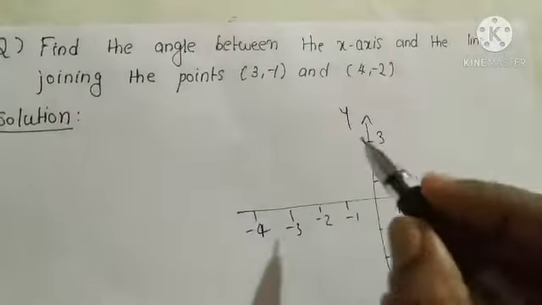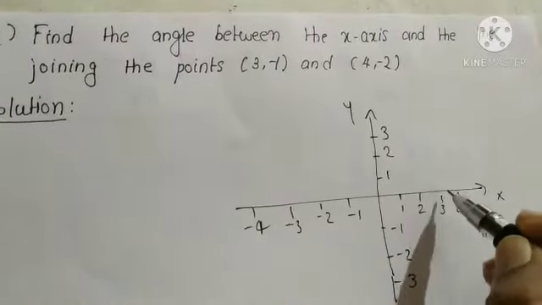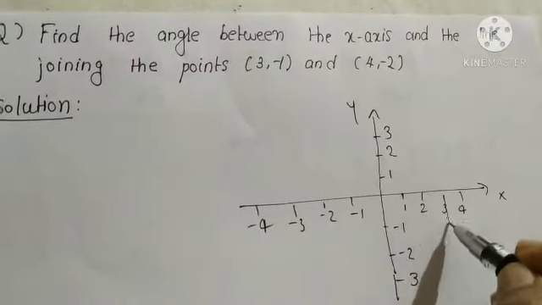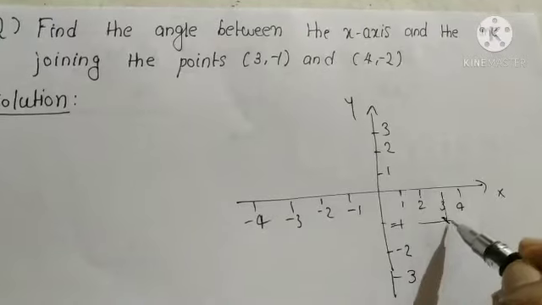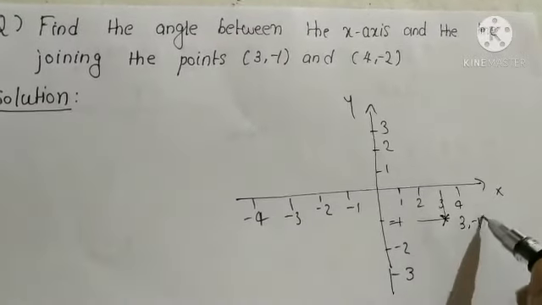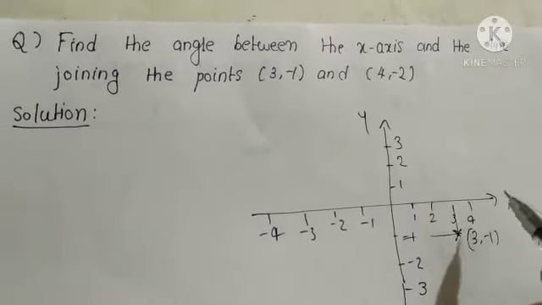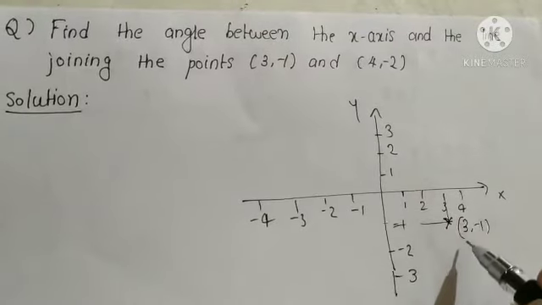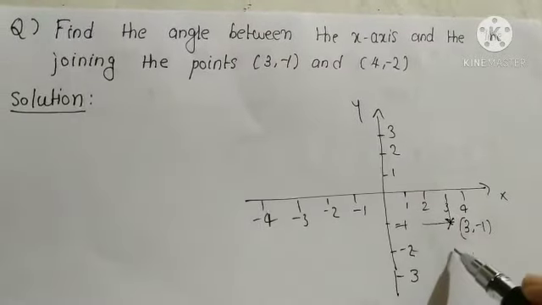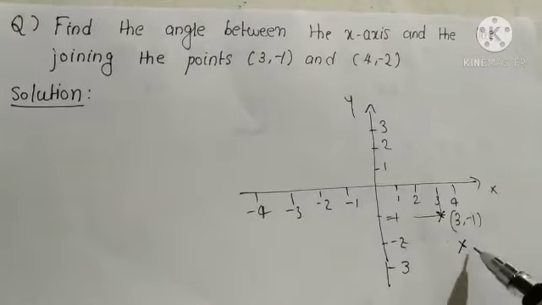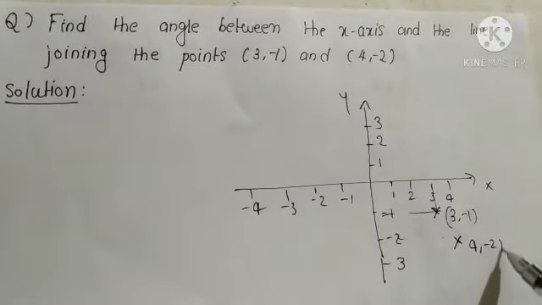So the first point is 3, minus 1. This is 3 and this is our minus 1. So this is our point 3, minus 1. The next point is 4, minus 2. So this is our second point. Okay.